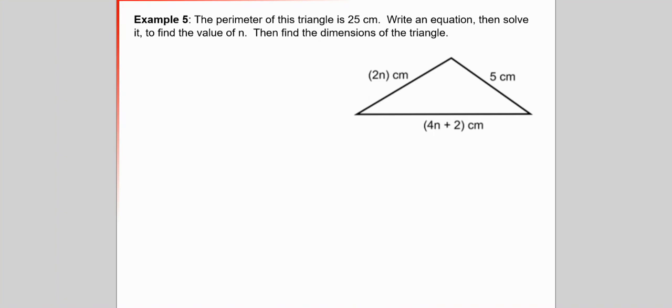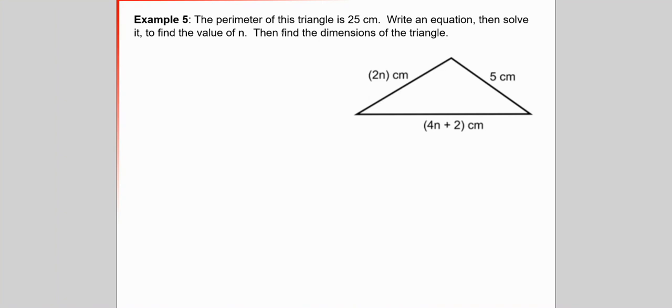So, when we get to example 5, we can see that we can represent a problem with a perimeter, for example. If we can make a perimeter equation work for us, we can solve for that.